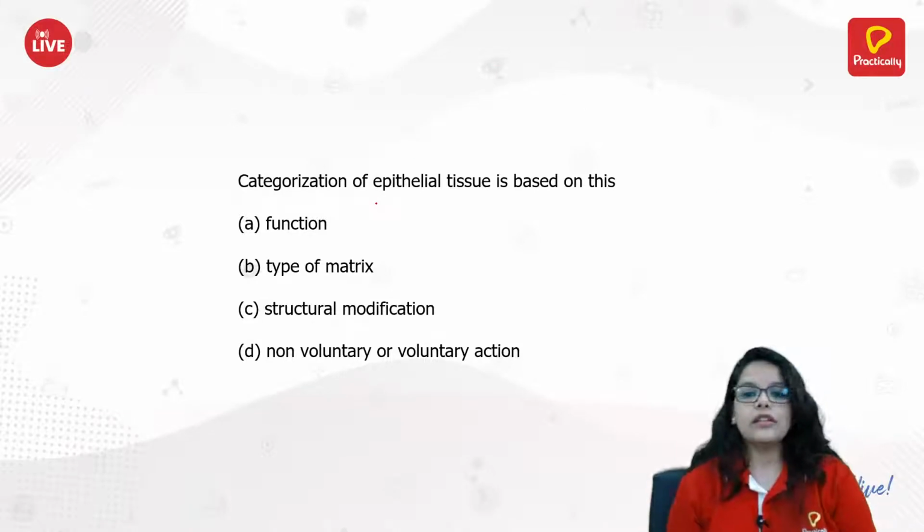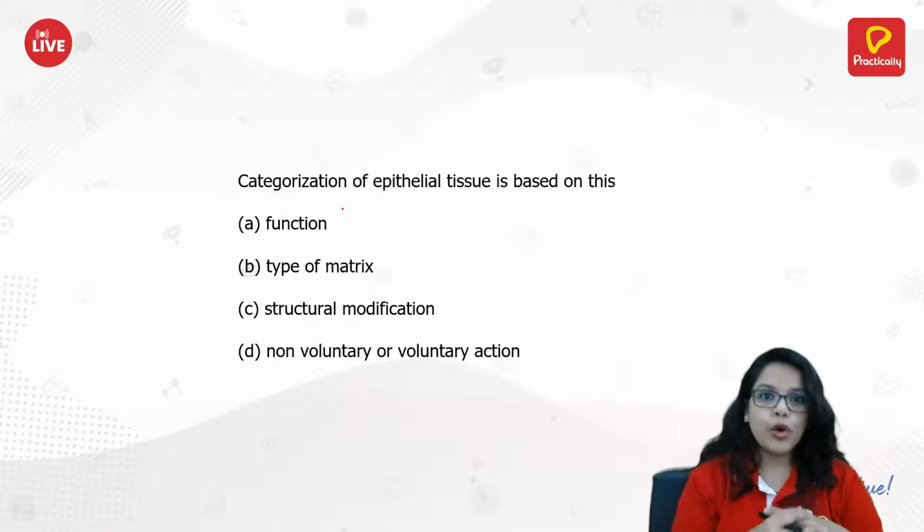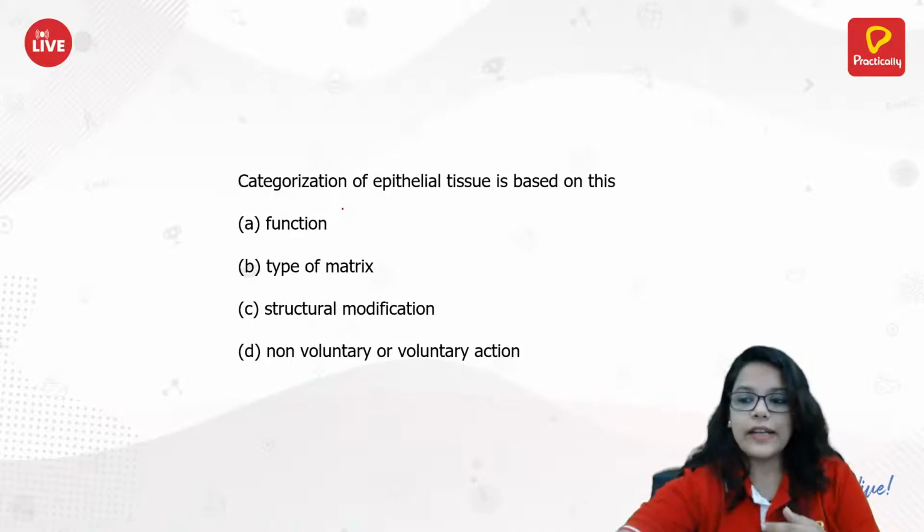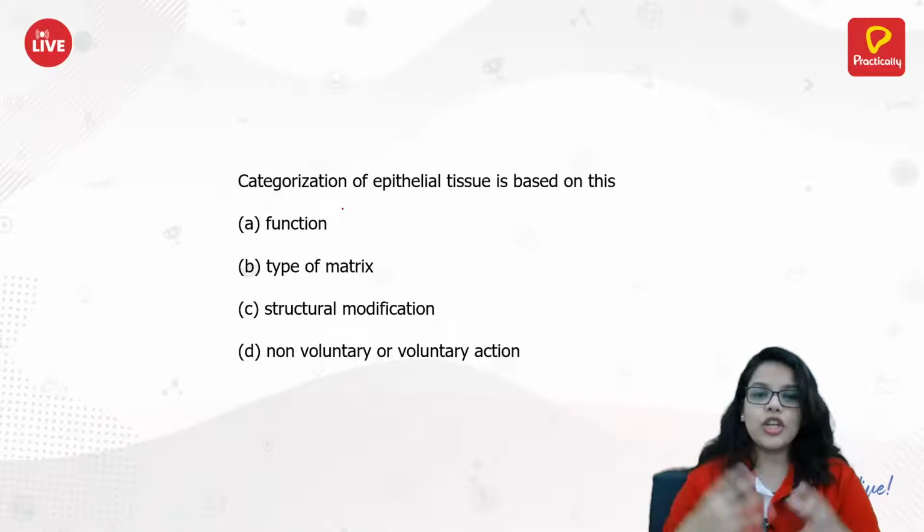Categorization of epithelial tissue is based on what? We divide epithelial tissue on the basis of what? Just a hint I'm giving, there is cuboidal, there is squamous, there is columnar, different kinds of shapes.